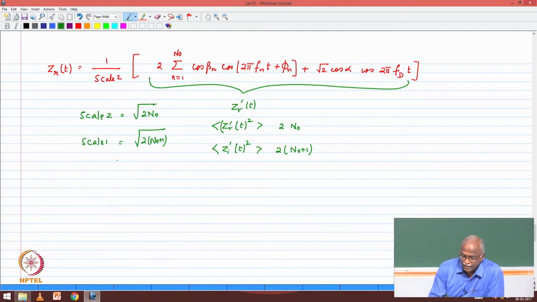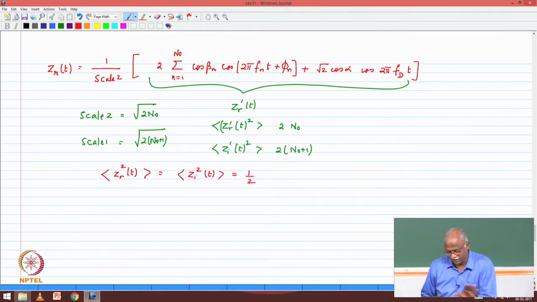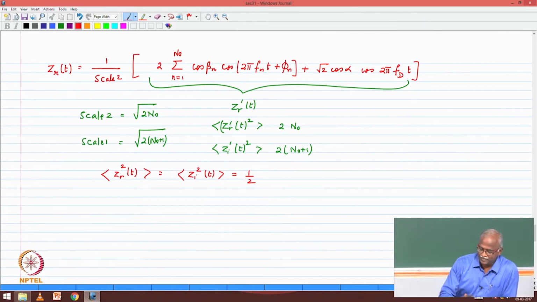This will ensure that ZR squared of t equals Zi squared of t, which is equal to 1/2. Please make sure that there is no confusion, that we have changed the figure as well as our expressions. I apologize, I should have written it differently.